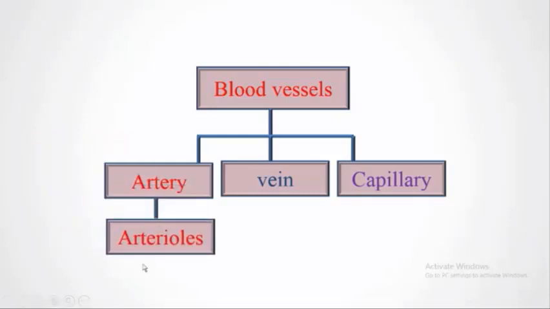And these arterioles branch into a network of tiny blood vessels called capillaries. Then these capillaries merge to form many small veins called venules, and then these venules join together in order to form veins.